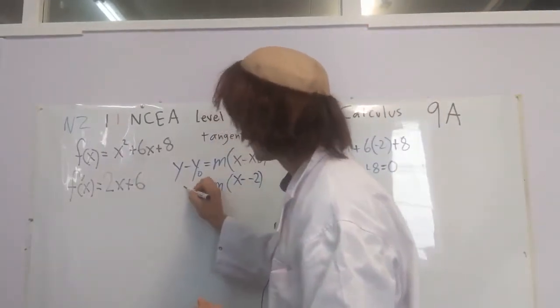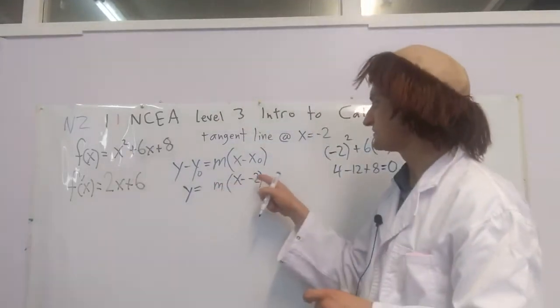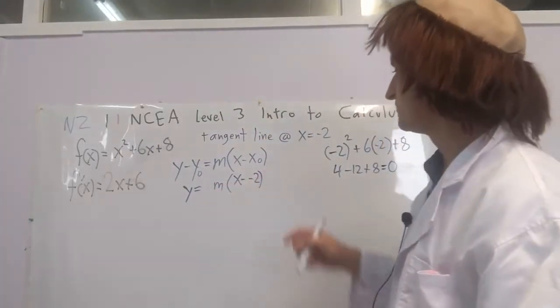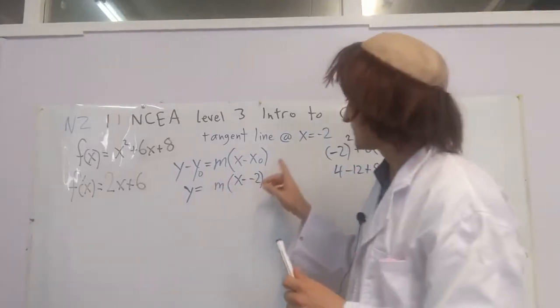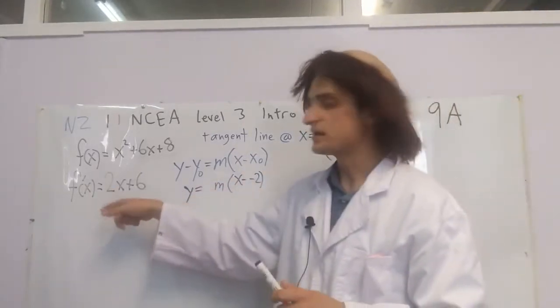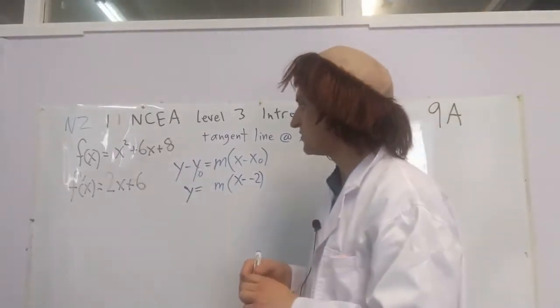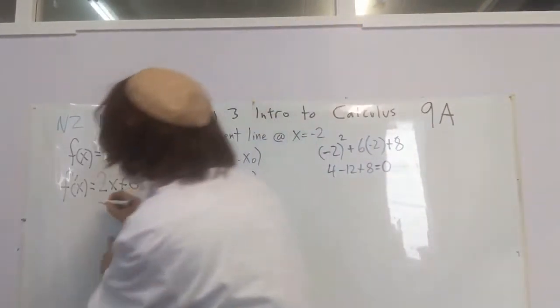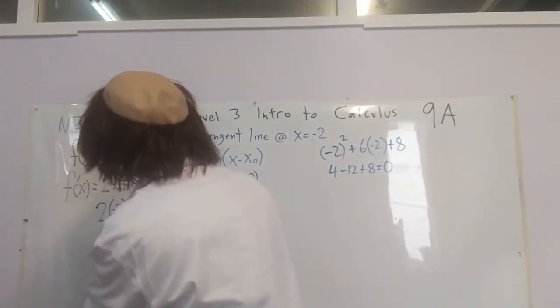So that means we can just write y equals m times x minus negative 2. Now we have to plug our negative 2 into our f prime of x to find the derivative, or slope. 2 times negative 2 plus 6.